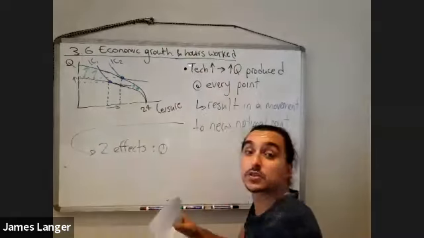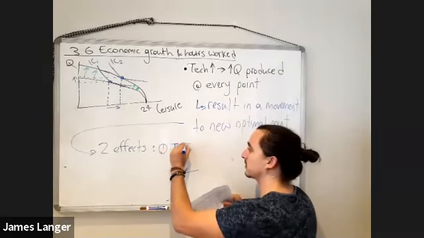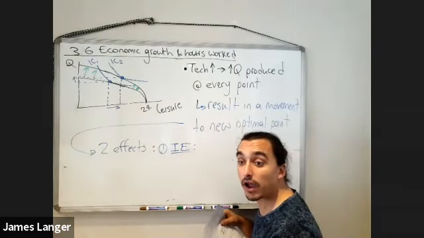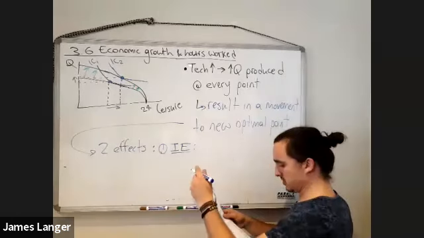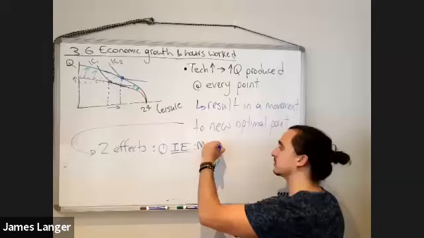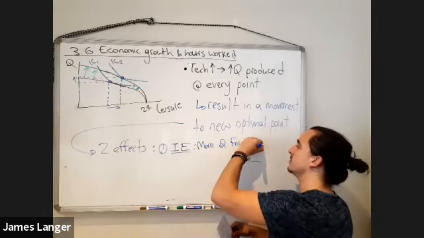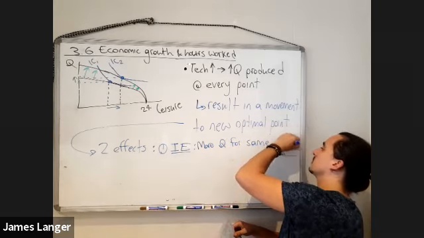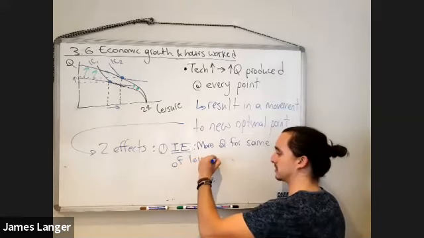One effect is what we're going to call the income effect. The income effect is basically going to say, well, you're able to get more grain, more Q, for the same amount of leisure.